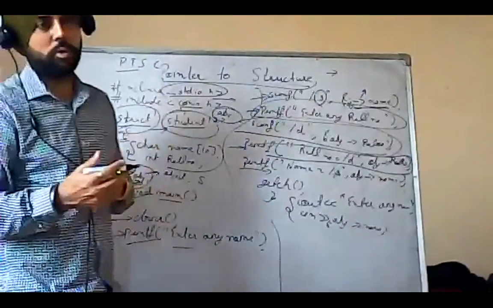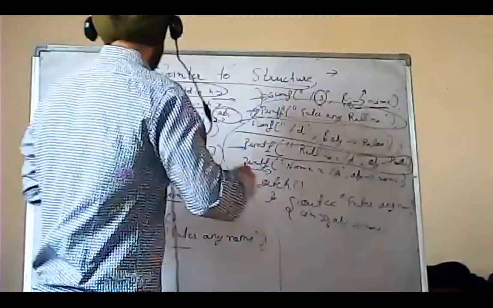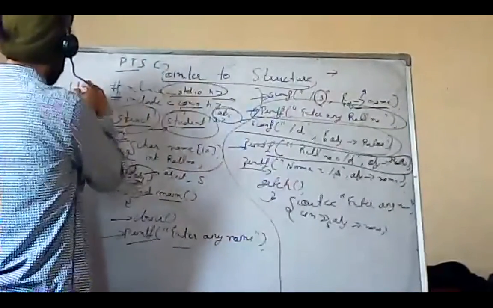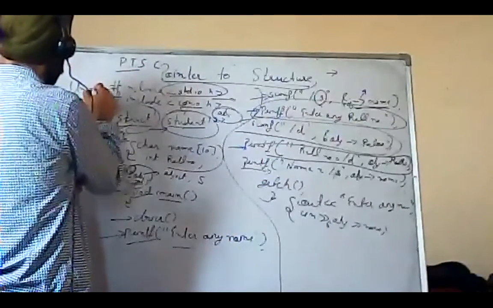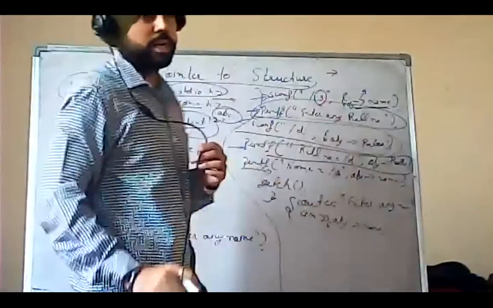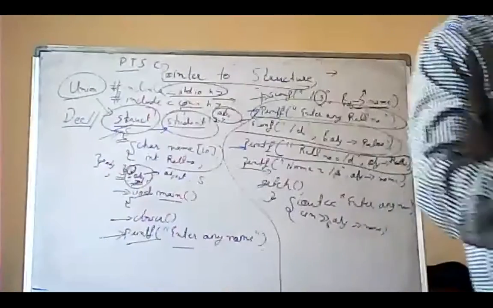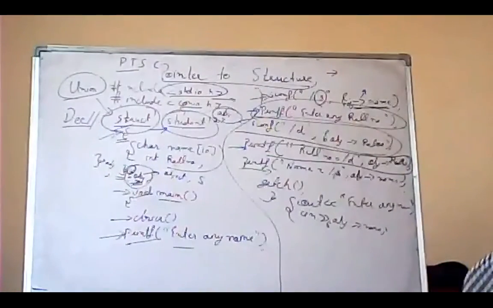If we are creating the program with the help of union, you just replace it with union. You just write union at the declaration time. So it will work as a union, but it will show only the last variable's output.